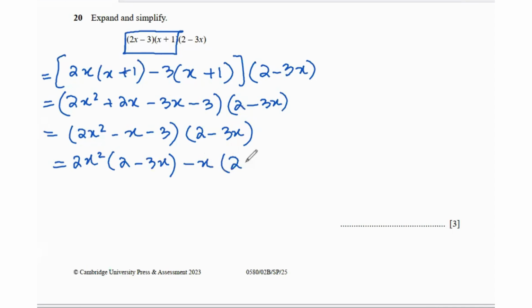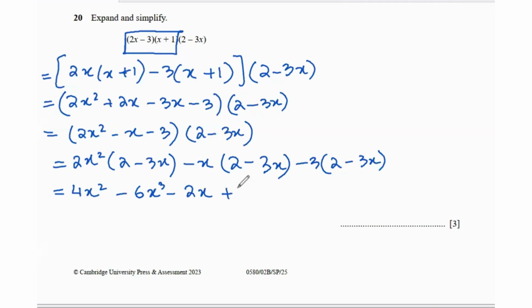Negative x gets multiplied by 2 minus 3x. And negative 3 gets multiplied by 2 minus 3x. So that's 4x squared minus 6x cubed minus 2x plus 3x squared minus 6 plus 9x.